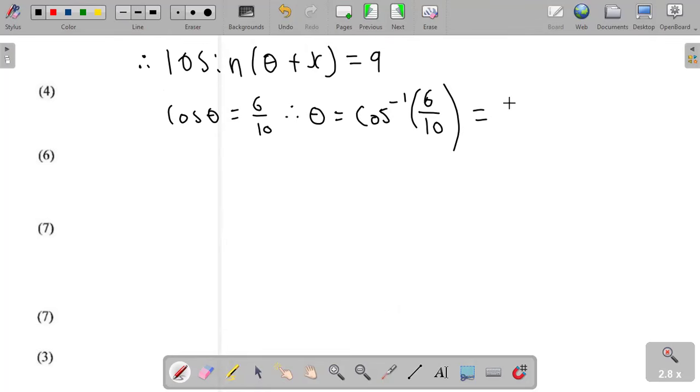You use a calculator, and it gives you 53.13 degrees.